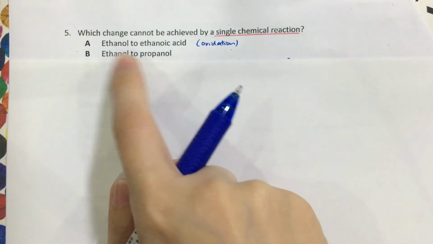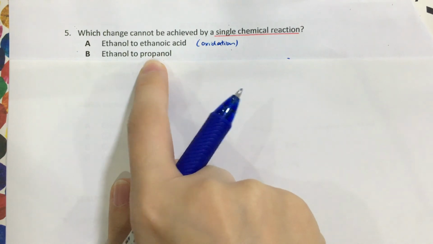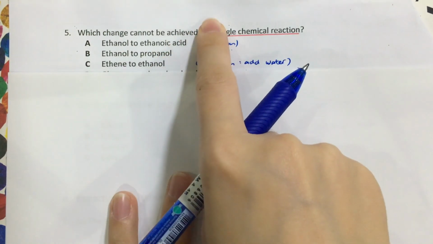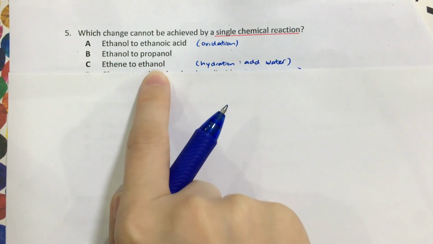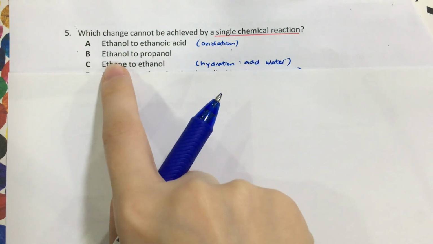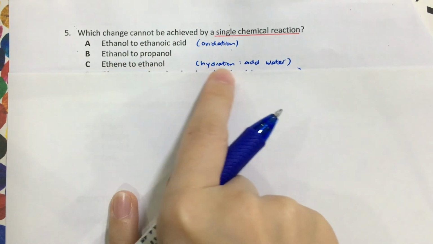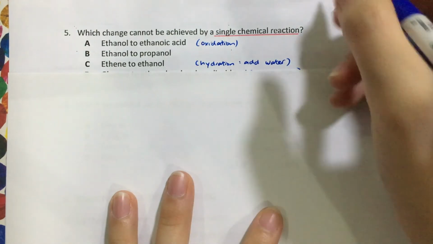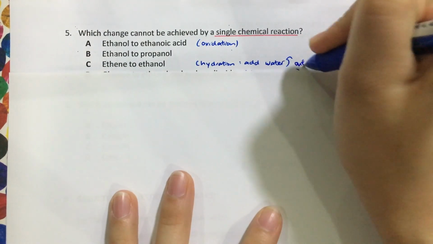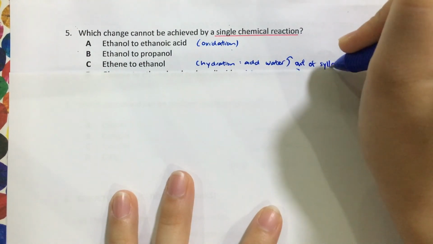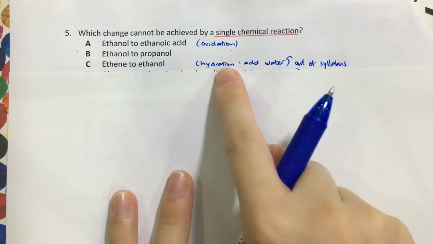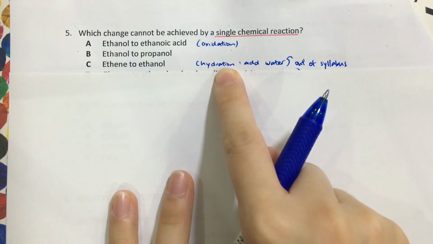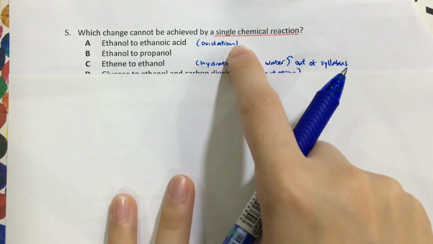Ethanol to propanol, you have not learned this at all on how it can proceed. C, alkene to ethanol. This is an alkene. What we do here is adding of water. This, however, is out of syllabus. So this is just for your information.